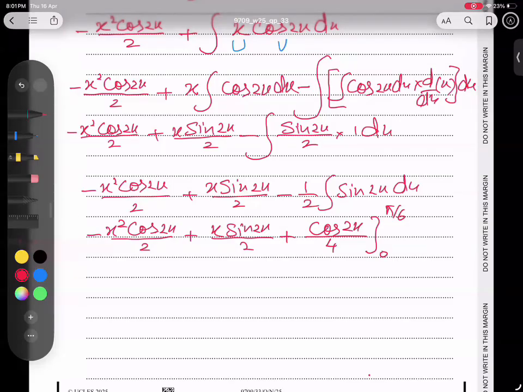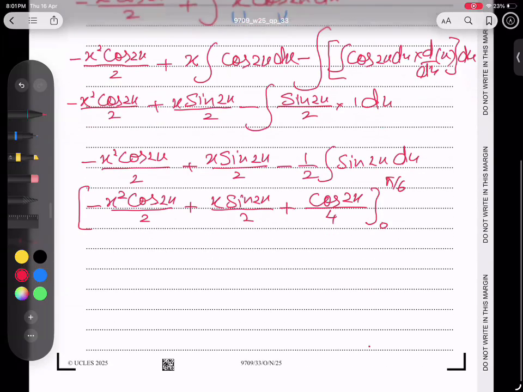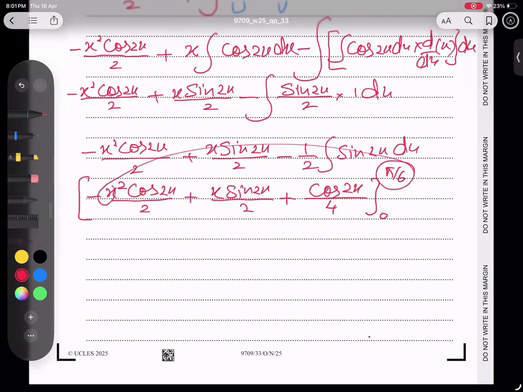Now here again, a tough task for you, students, because while putting limits we have to be careful; there is a lot of chance of mistake. So when I plug in pi by 6 in this place, I'm getting negative pi to power 2, and the square becomes 36.